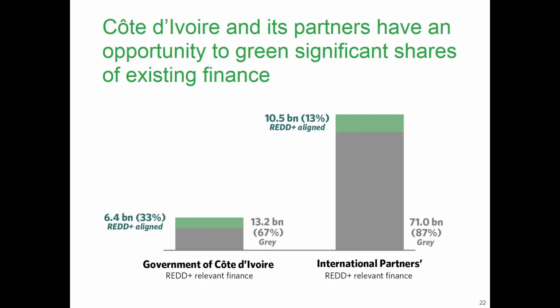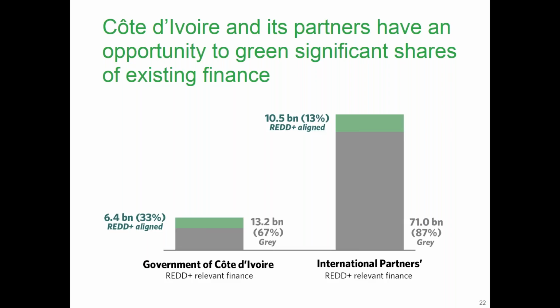So greening existing flows of finance to the agricultural sector from both domestic budgets and also international partners could really increase the availability of REDD+ aligned finance. We estimated that it could increase by 5 times up to $170 million US.